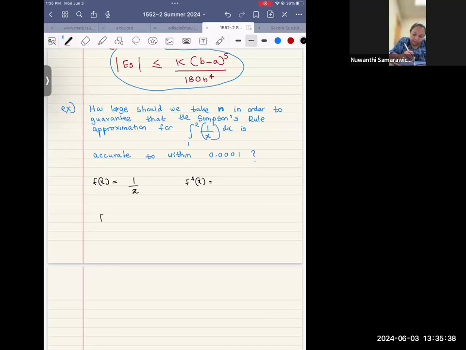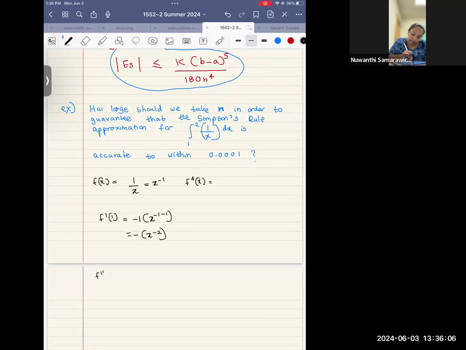So first derivative: we can think of this as x to the power -1. So the first derivative is -1 times x to the power -2. Okay, so this is the first derivative.